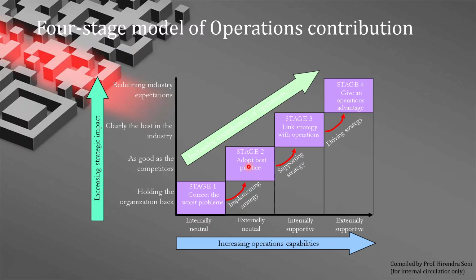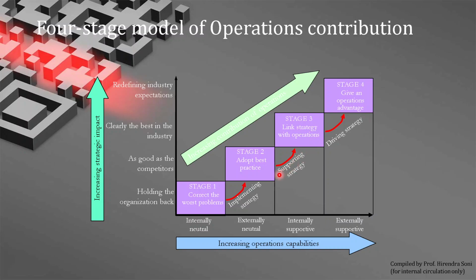From here, it is only looking inward, that means the best practices within them. After that, they start looking outside and they become the best in the industry. That means their operations are defined in such a way that they are best in the industry.